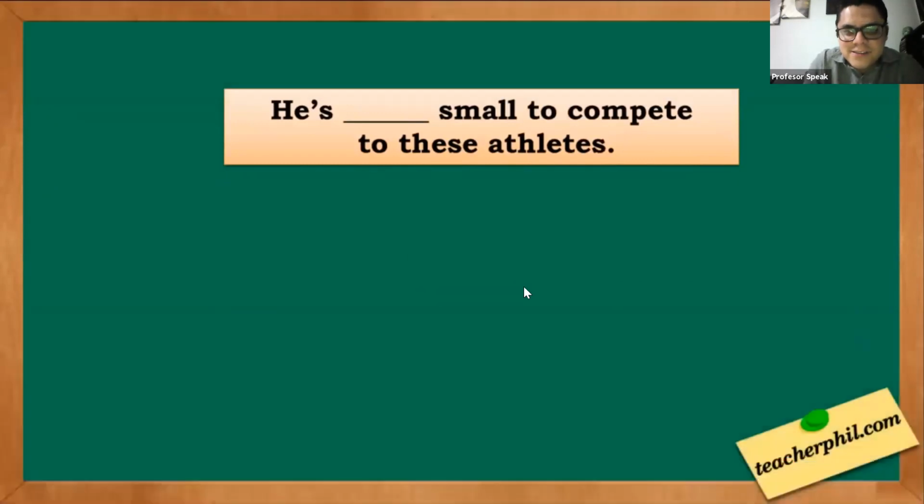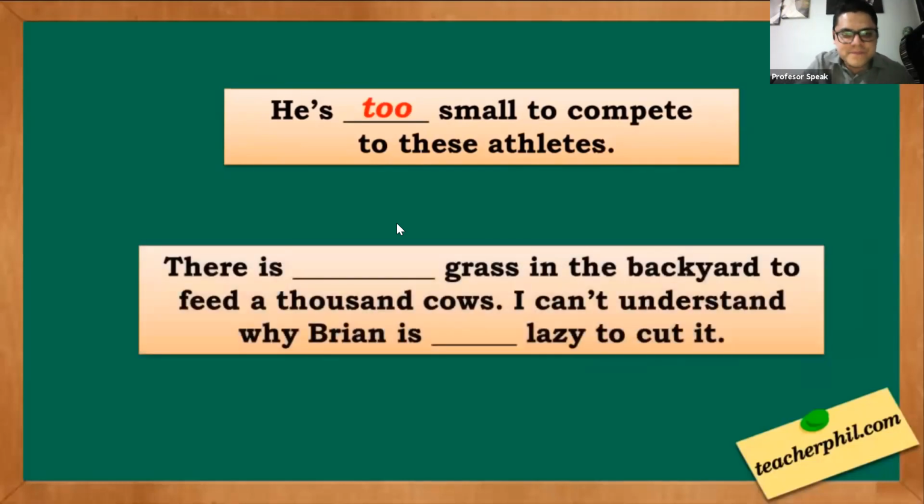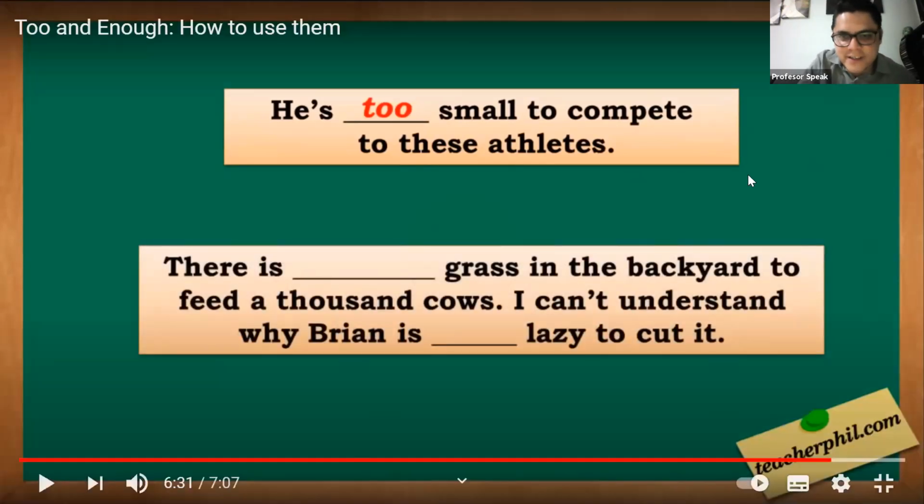The fourth one: he's blank small to compete with these athletes. The correct answer is too. He's too small to compete with these athletes. Very good. Nancy. Christian. Christian, are you there?